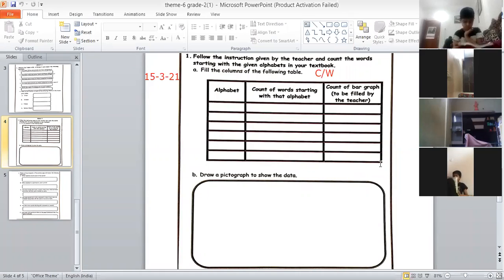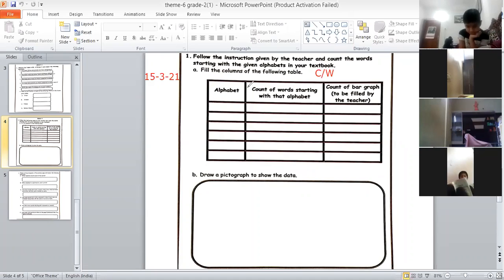Okay. So now we will write a few alphabets in the first column. Three columns are there in the first table. In one column alphabet is written. Then in the second column, wait, I'll ask someone to read. Lohit, please read what is written in the first column. Lohit, look at your screen. Yes, this is alphabet.